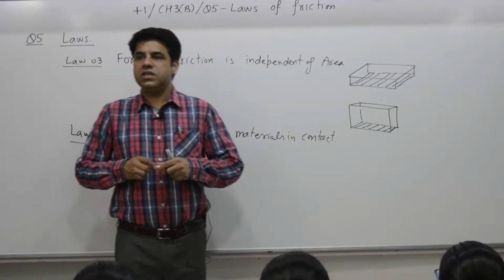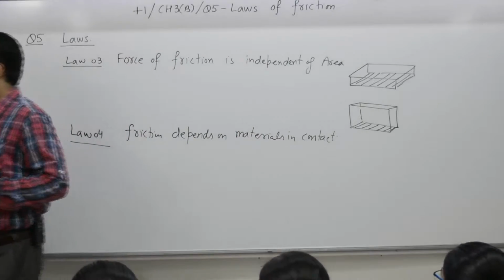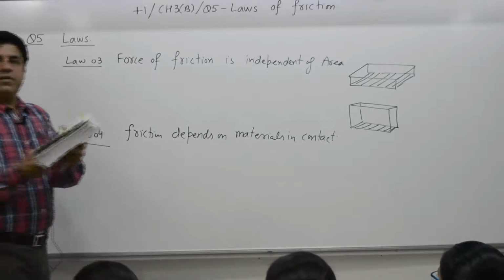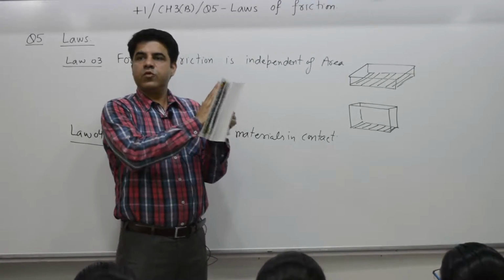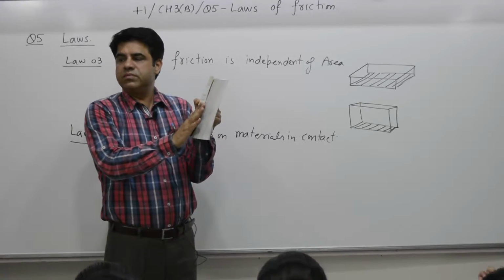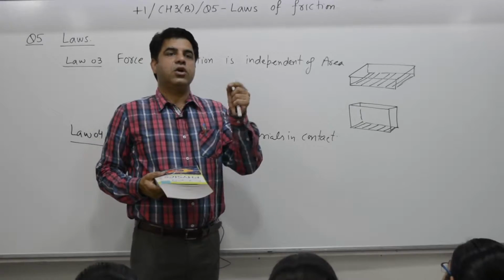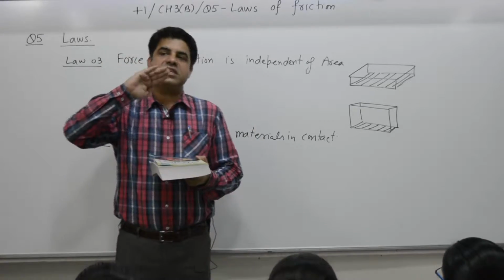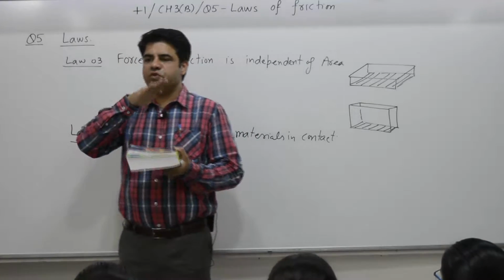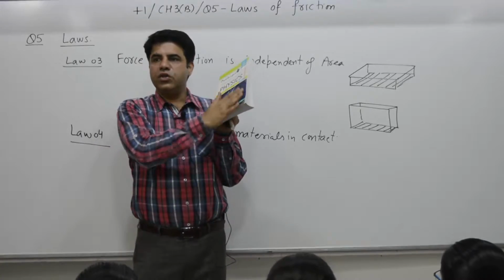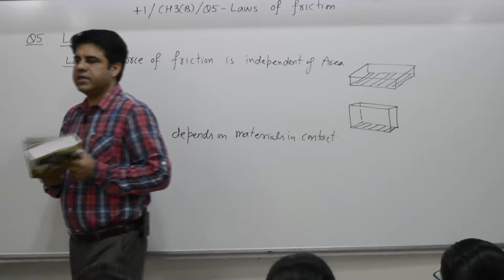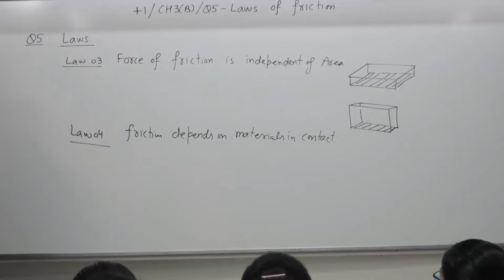Friction is a surface phenomena. If you have a rough surface, you can paint it and you can make the surface smooth. That is why for a metallic object, in case you want to make it smooth, you give only the surface treatment. That is why it is a surface phenomena.